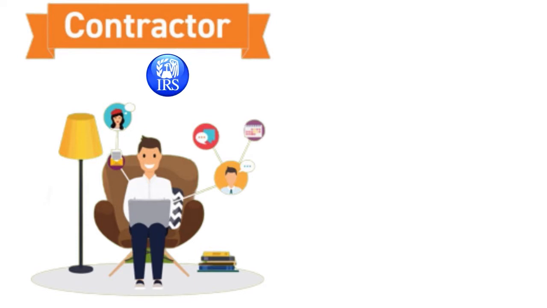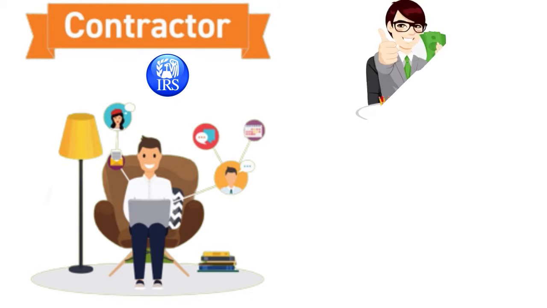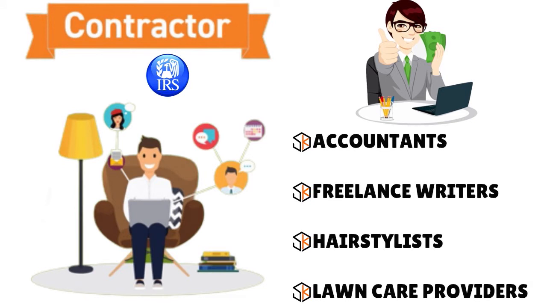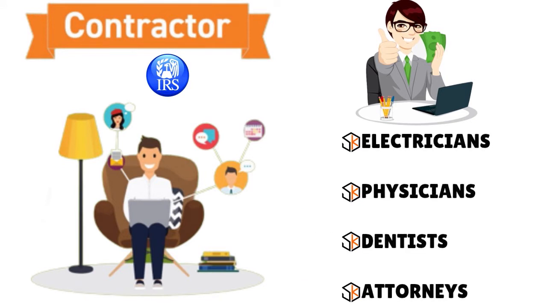So who really qualifies as an independent contractor? Basically, the key characteristic of an independent contractor is retaining control of how the work he or she is being paid to do is performed. With that guideline in mind, there are a variety of careers that offer the ability to work as an independent contractor, such as accountants, freelance writers, hairstylists, lawn care providers, electricians, physicians, dentists, attorneys.